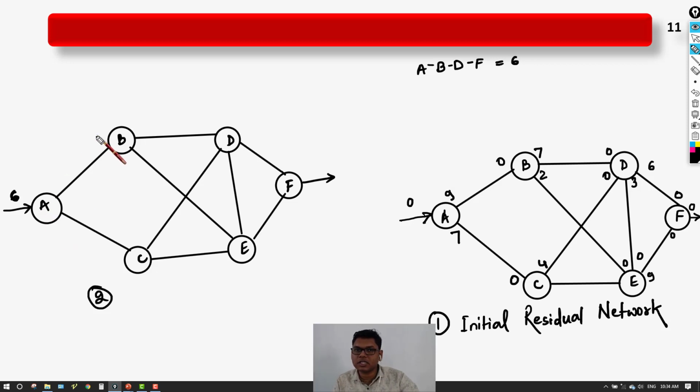This side it will go 6. So how many more possible? Only 3 is possible. Clear? We are creating that residual network. Here 6 is done, so only 1 will be left. Here 6, and this side 0 will be left and 6. Done. How much exit will be happening? 6 is happening.